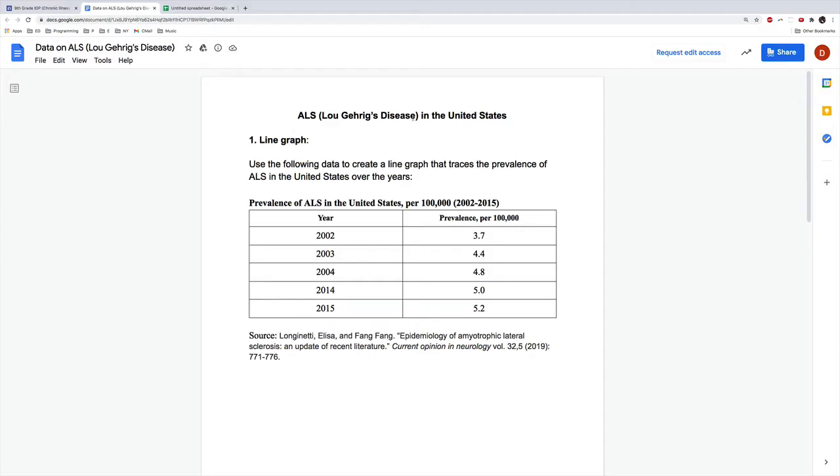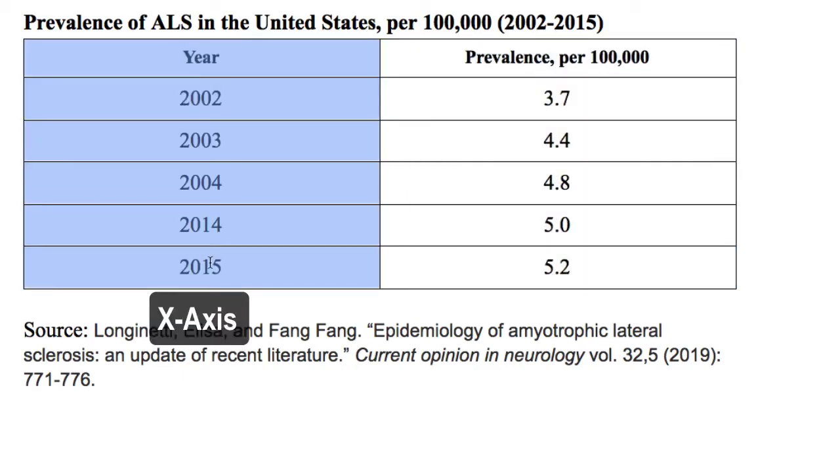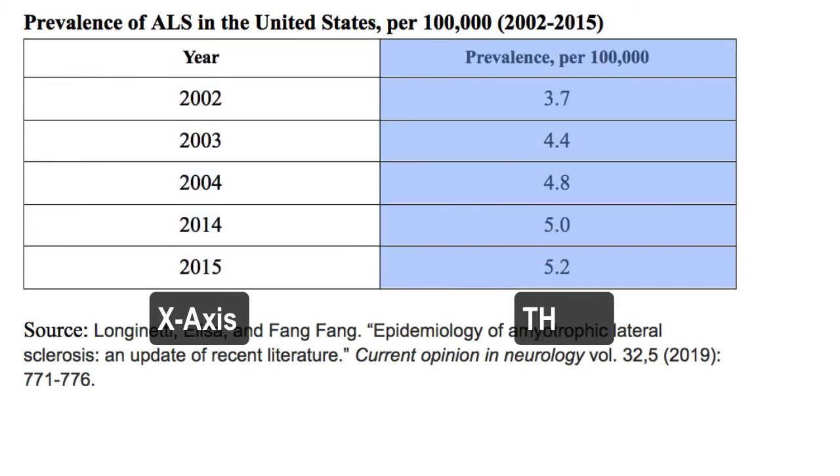So as we look at this graph here on Lou Gehrig's disease, we can see here we have the years, and over here we have the prevalence. And what we're going to do is compare the years to the prevalence, making the years like the x-axis on our graph. So that's going to go on the left side, and then the prevalence is going to go on the right side.